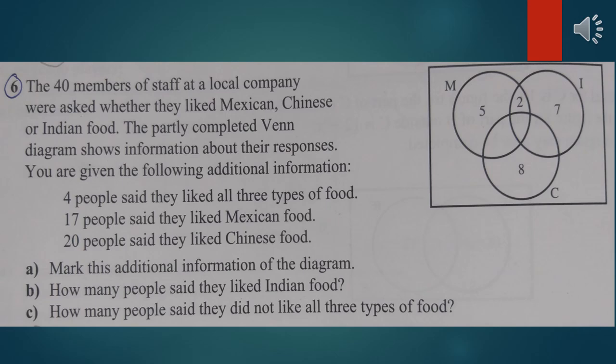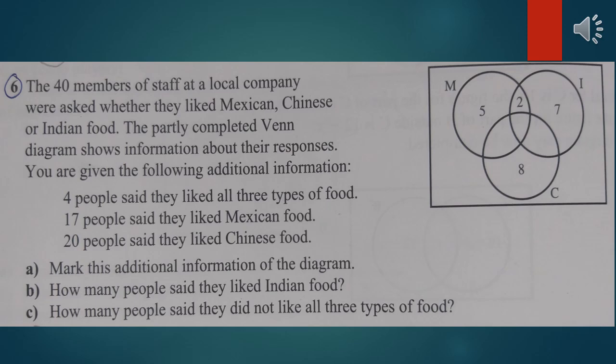Mexican M, Indian I and Chinese C. You are given the following additional information. 4 people said they liked all 3 types of food. 17 people said they liked Mexican food. 20 people said they liked Chinese food.